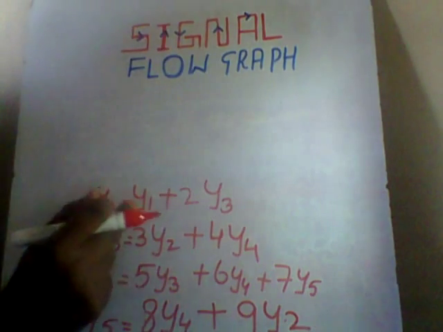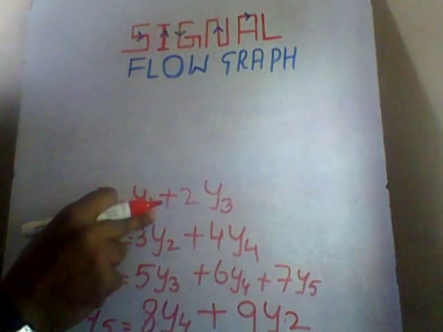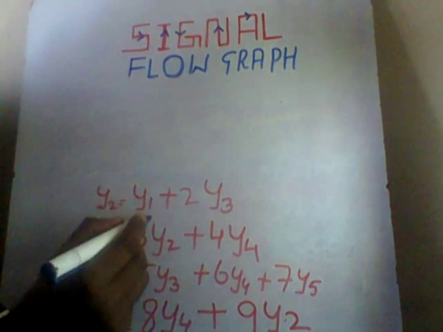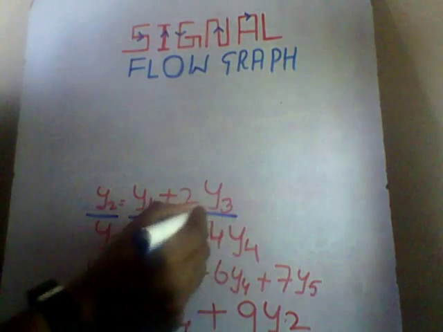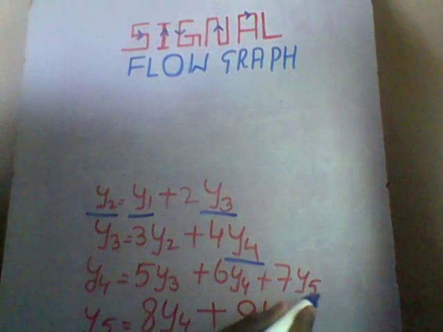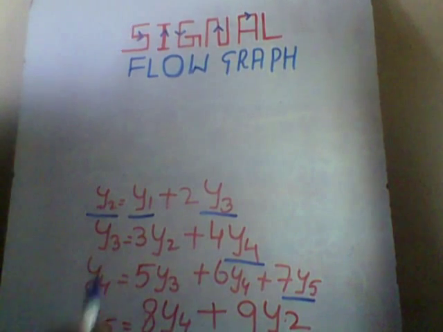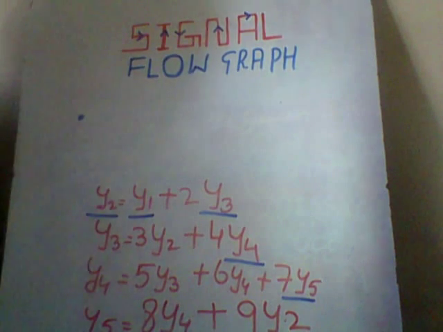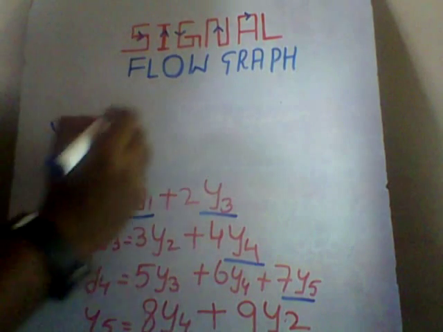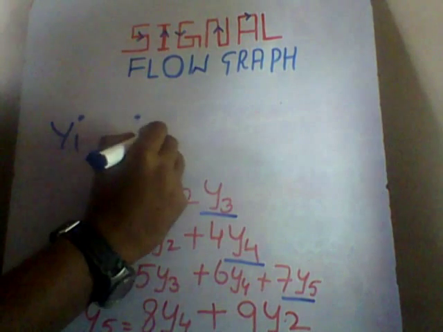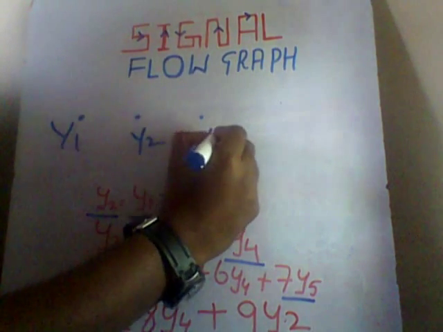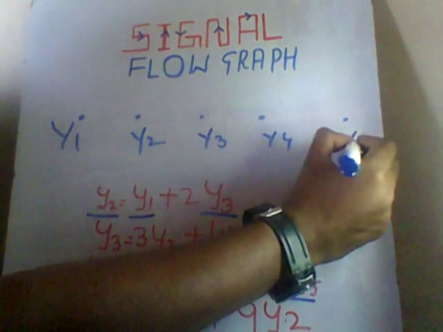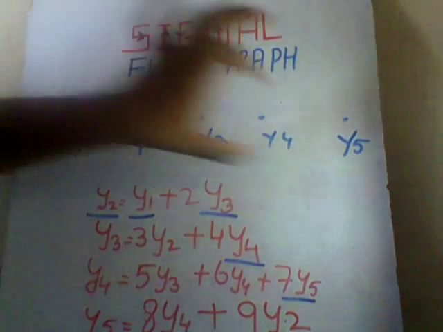In this equation, how many variables are there? y1, y2, y3, y4 and y5, and the highest variable is y5. So try to put the variables as stated earlier: y1, y2, y3, y4, y5.